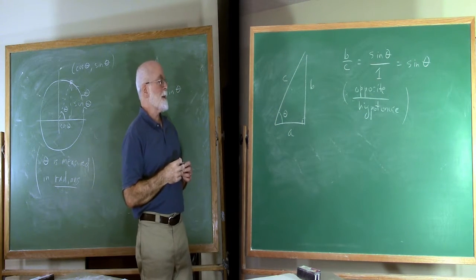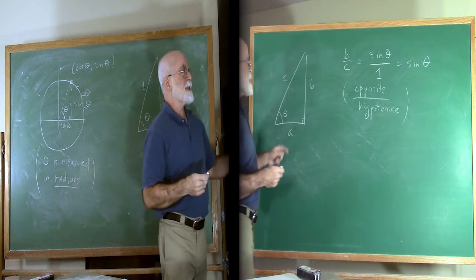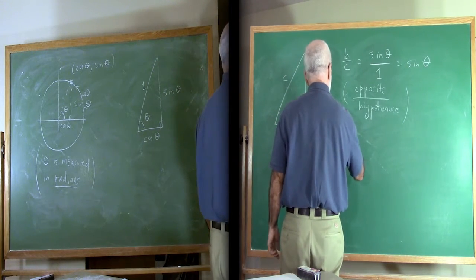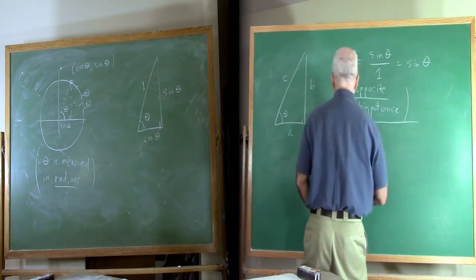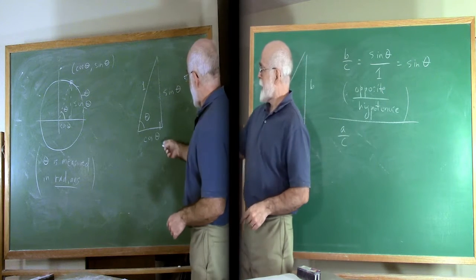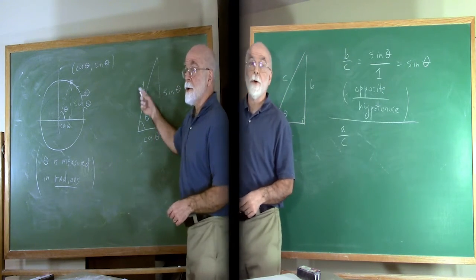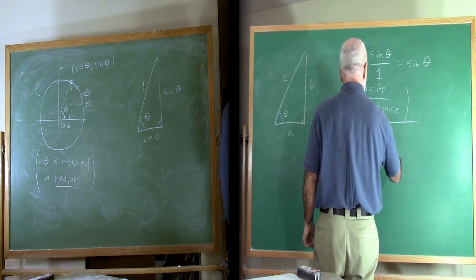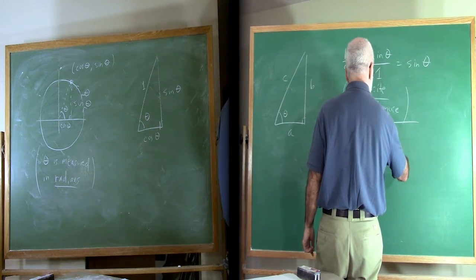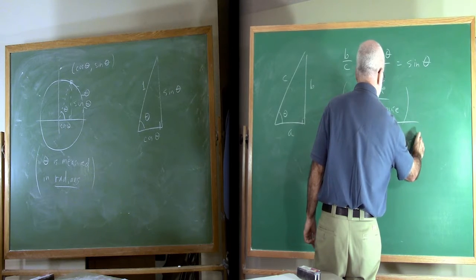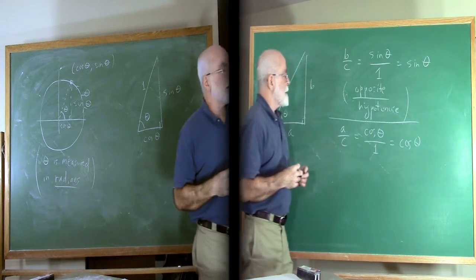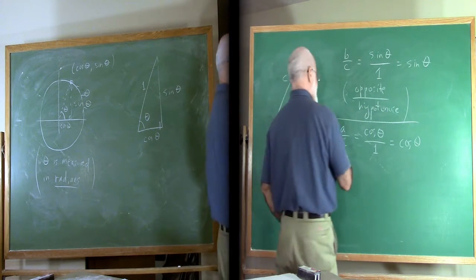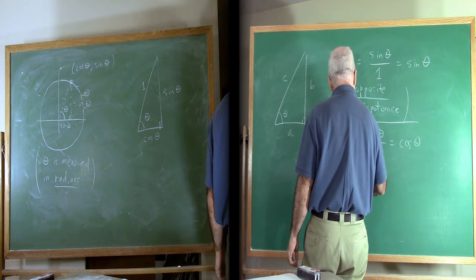Likewise for cosine. If you look at A over C, that corresponds to cosine theta over 1. There's cosine of theta, popularly called adjacent over hypotenuse.